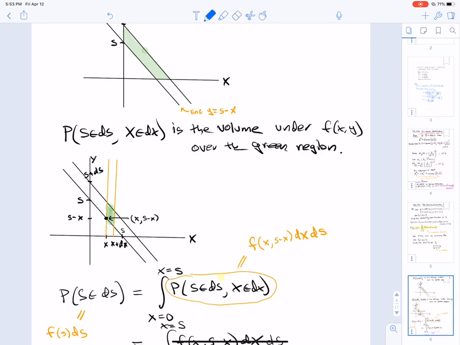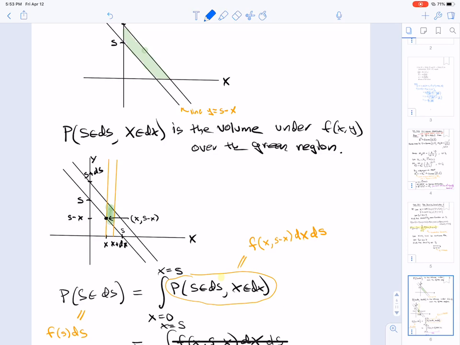So we can approximate the volume as the height of the joint density at x, s minus x, times the area of the green region here. And so x now runs from 0 to s, because x has to be less than s, as you can see here in the picture.